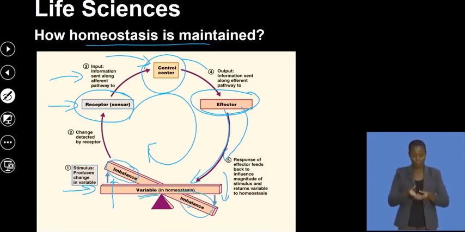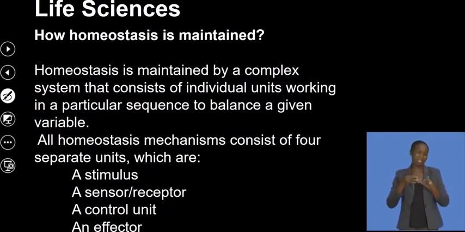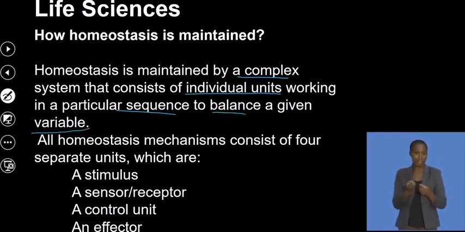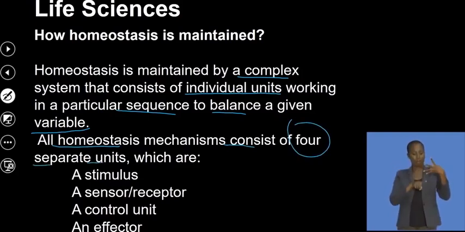So that's an overview. As I mentioned, homeostasis is a complex process that consists of individual units working in a particular sequence to balance and respond to a variable. All your homeostasis mechanisms consist of 4 separate units, which we will unpack now.